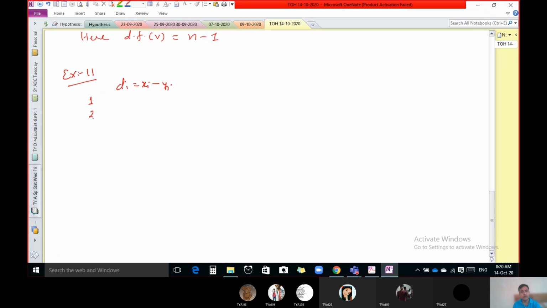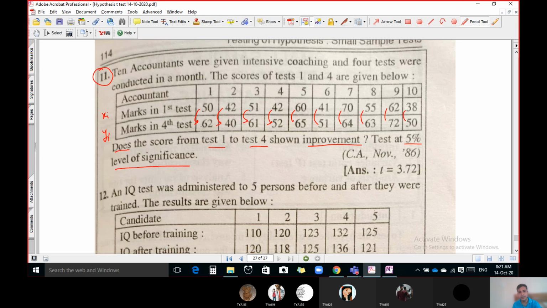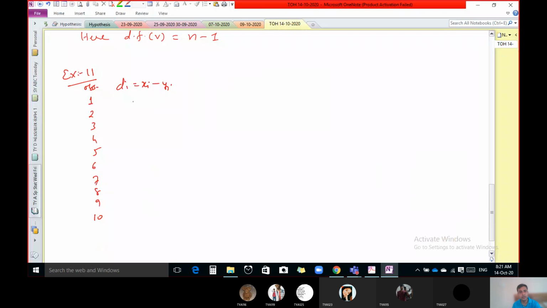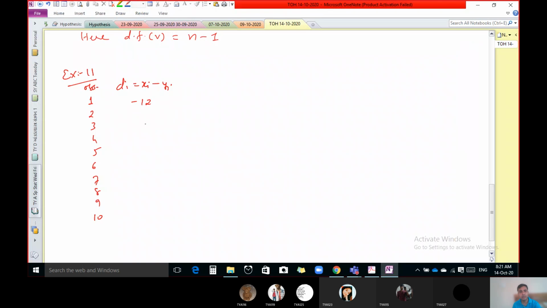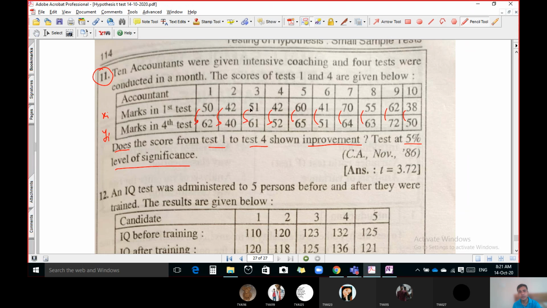For observations 1, 2, 3, 4, 5, 6, 7, 8, 9, 10. Now xi 50 minus 62 is minus 12, 42 minus 40 is plus 2, here minus 10, minus 10, minus 5.